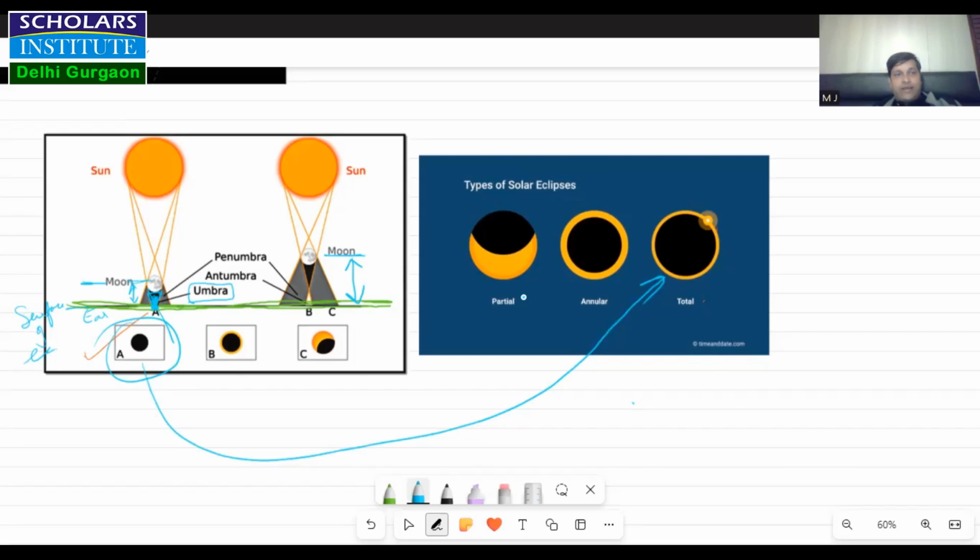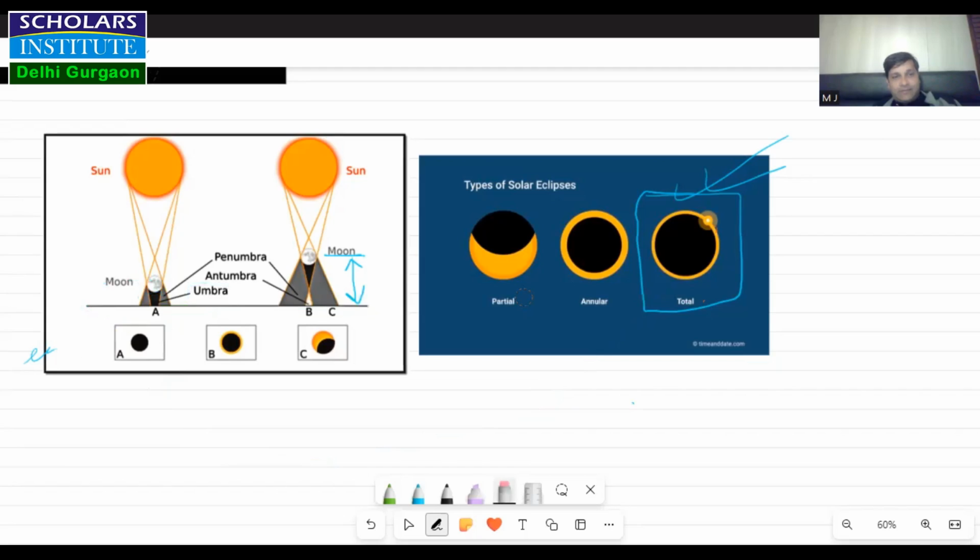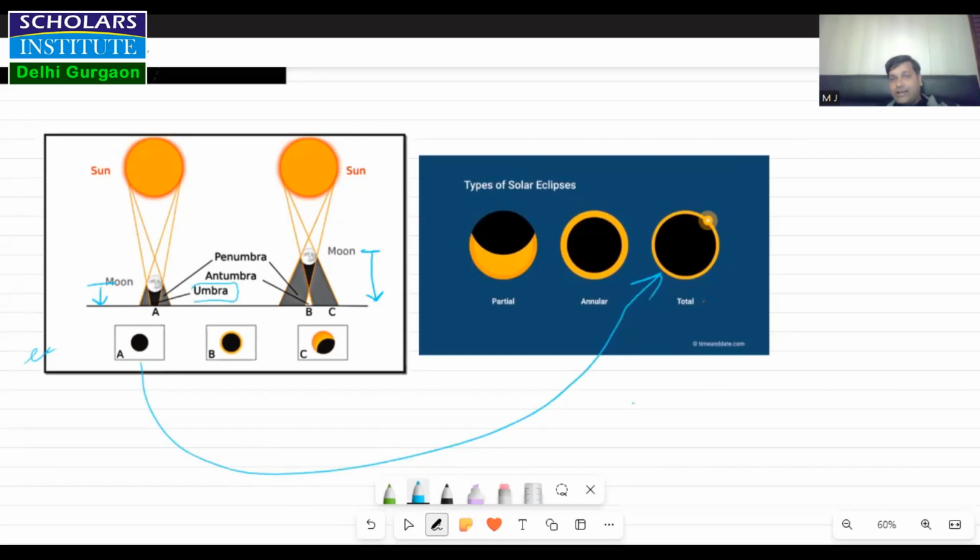So when the moon is closer to the earth, this is what the eclipse will look like. Let me rub this all away. When the moon is at a greater distance from the earth, this is a greater distance and this is a lesser distance. When the moon is closer to the earth, the umbra falls on the earth, causing a total solar eclipse like this.